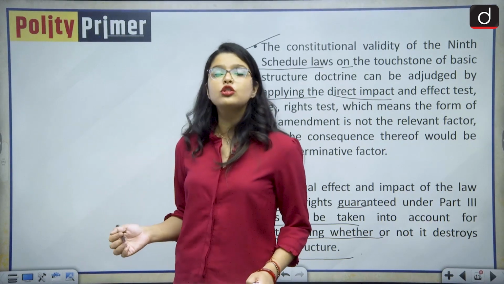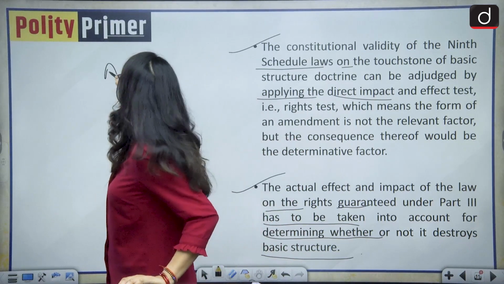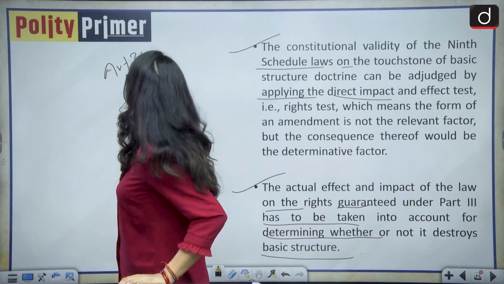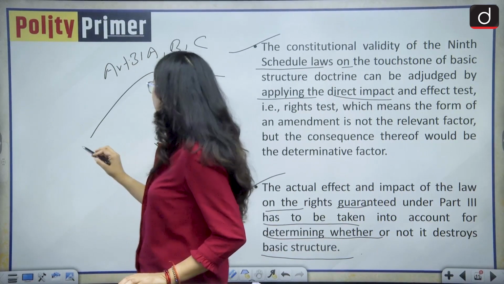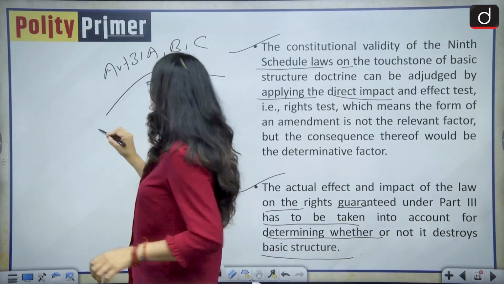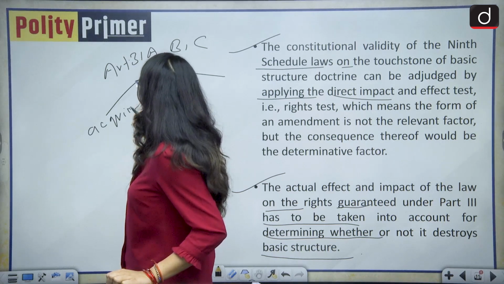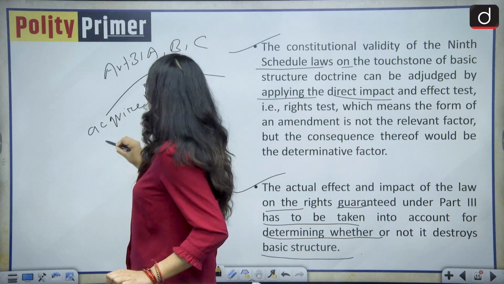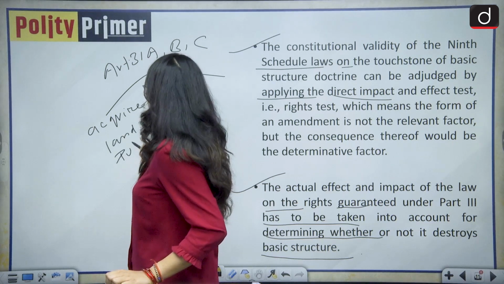The Supreme Court also placed a restriction on the application of Article 31A, Clauses A, B, C. It said that it could be utilized only for two things. Firstly, you will acquire the land only for public good.